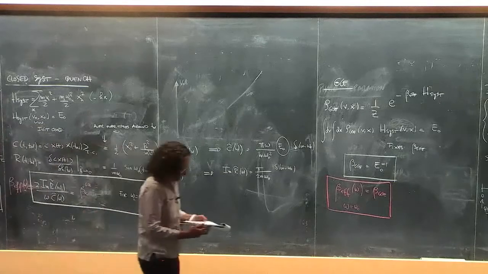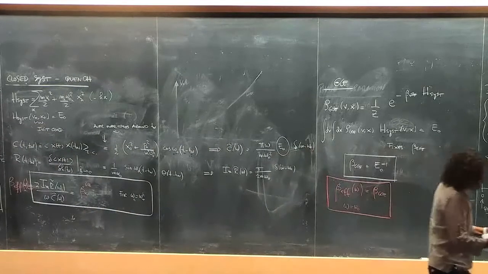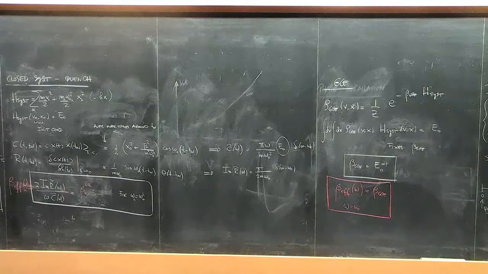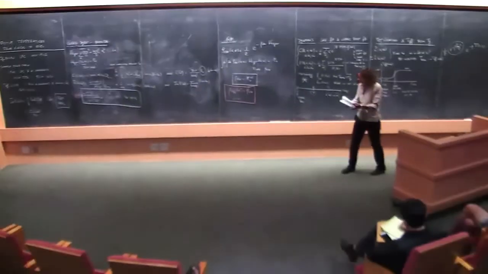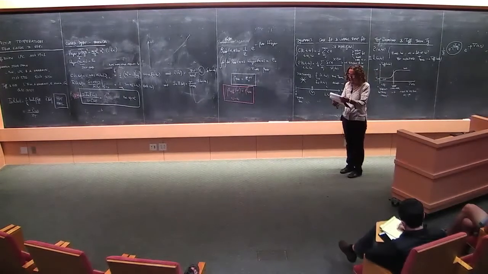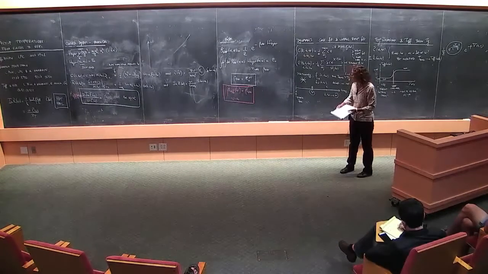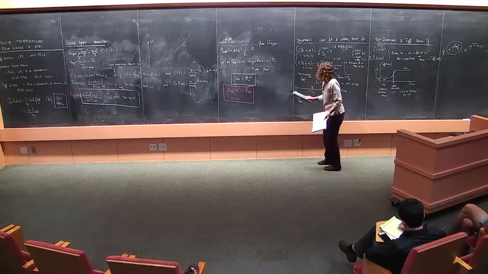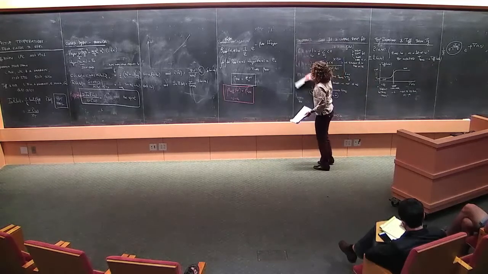Now, since you are more interested in quantum problems, let me tell you how it works quantum mechanically. This is just one example of a quantum case that we have looked at to give you an idea of how it works. So the idea is the same. You just have to use the quantum FDT.